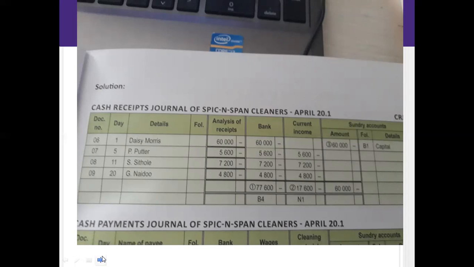Again, I'm telling you people, this is a service enterprise. Therefore, there's a current income column with your CRJ. As soon as we move to a trading enterprise, the current income column is falling away and you're getting 2 other columns, and we name them sales and cost of sales.